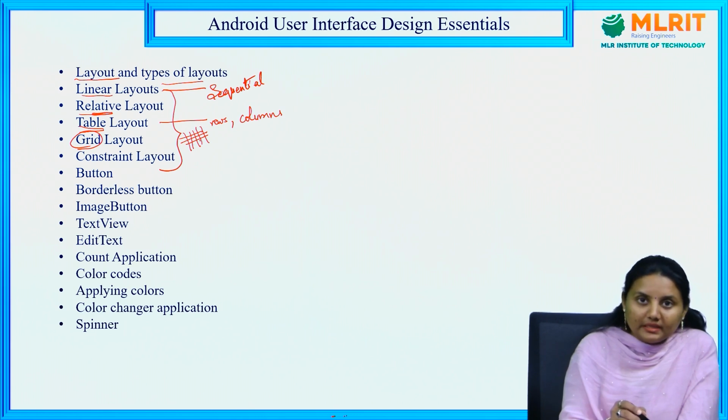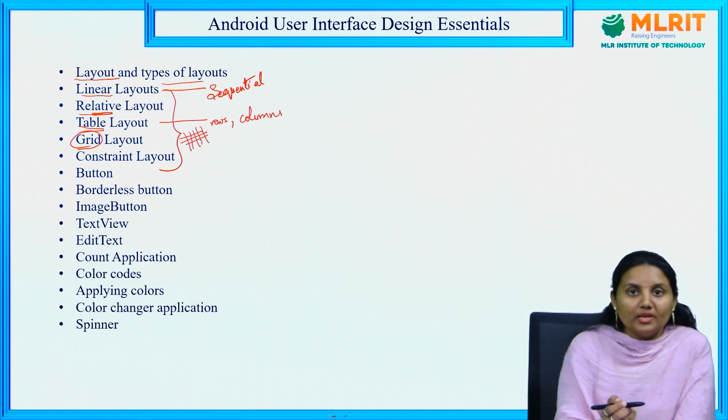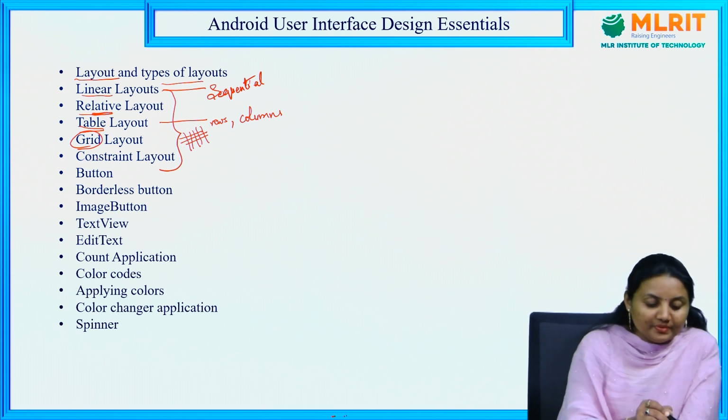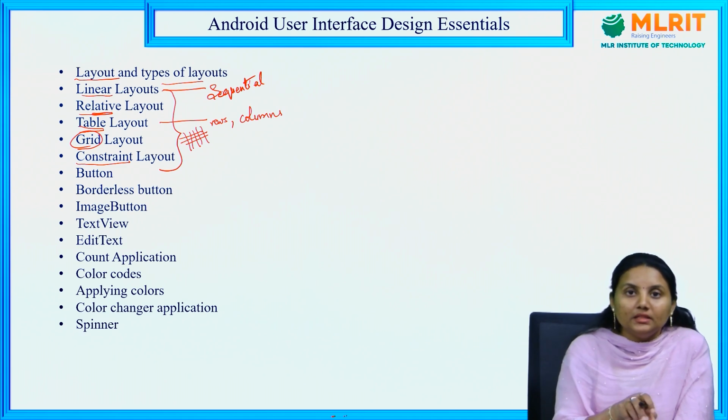You need a grid layout to place the latitudes and longitudes for the maps, right? So in those cases, we'll go with the grid layout. Then constraint layout. Constraint layout is very similar to relative layout, where you can give different constraints to place your elements in the layout page.